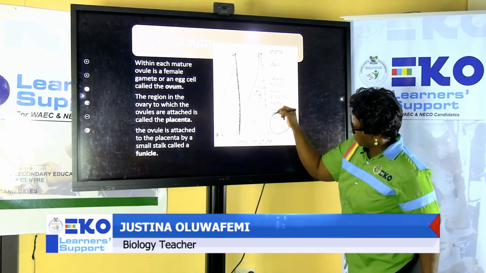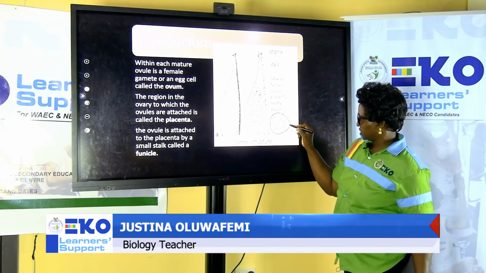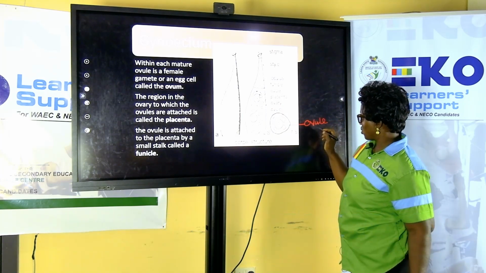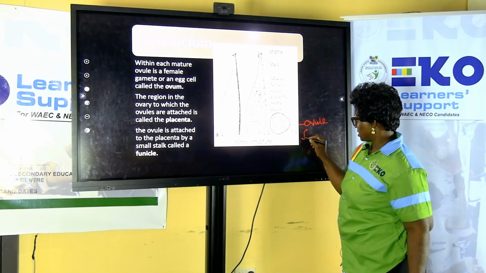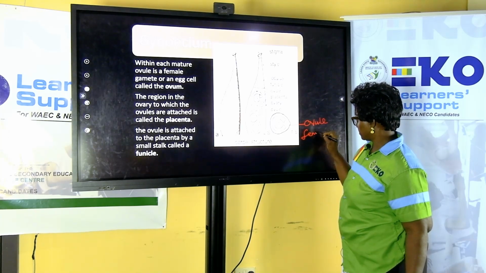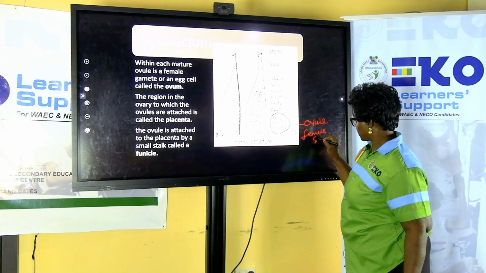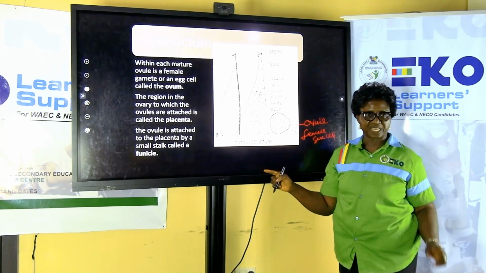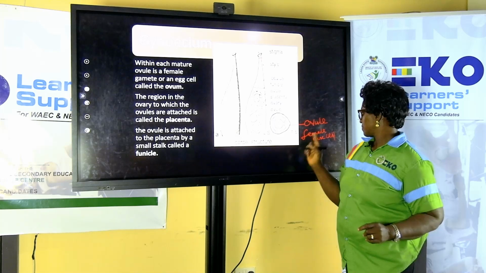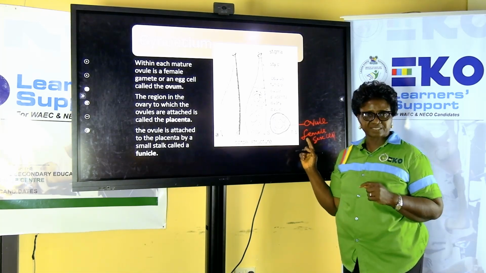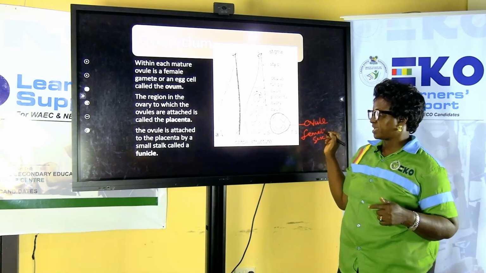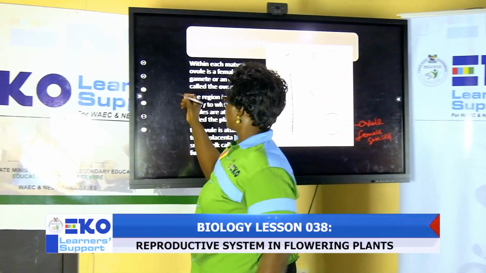We said the bottom part is swollen, and this one is the ovary. The ovary contains the female sex cells. The male sex cell is the pollen grains.